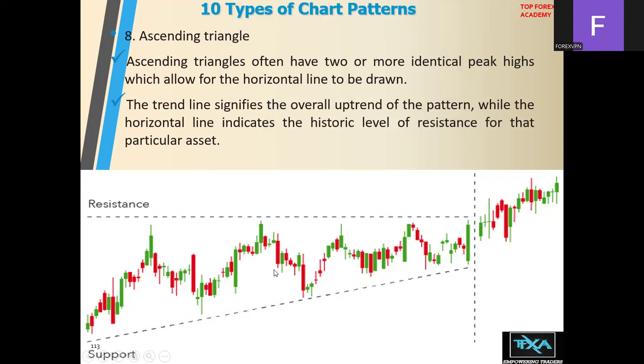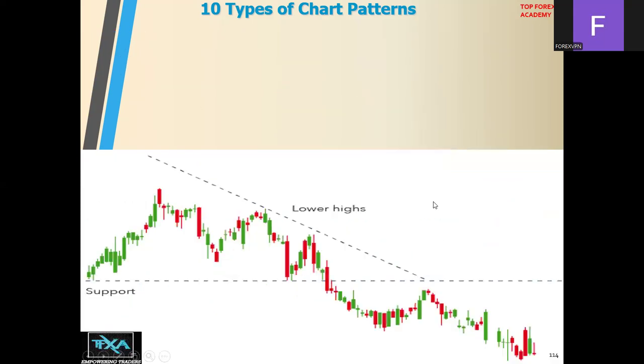The trend line signifies the overall uptrend of the pattern, while the horizontal line indicates the historic level of resistance for the particular asset.